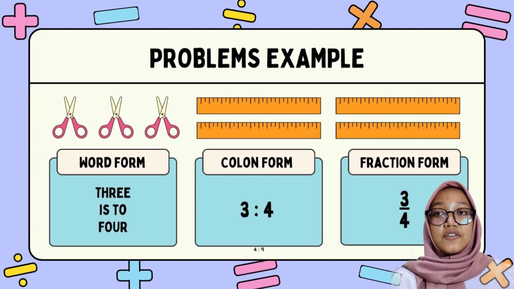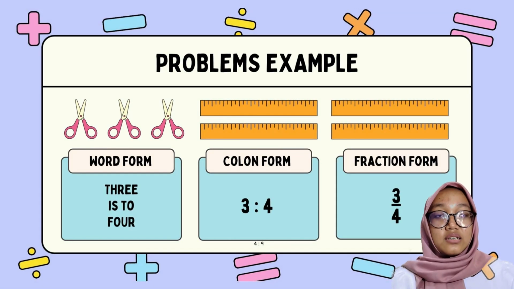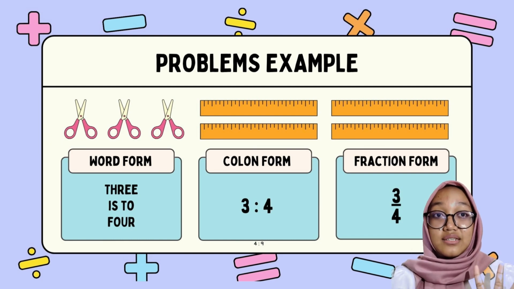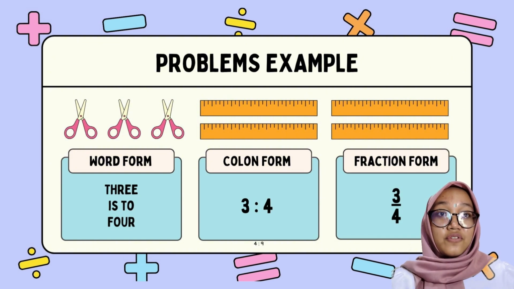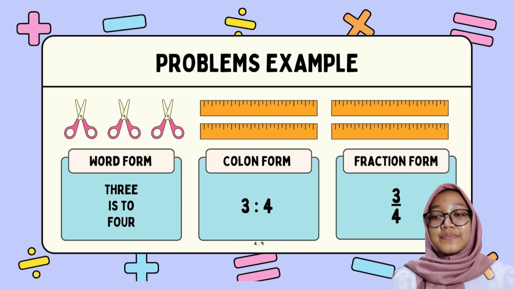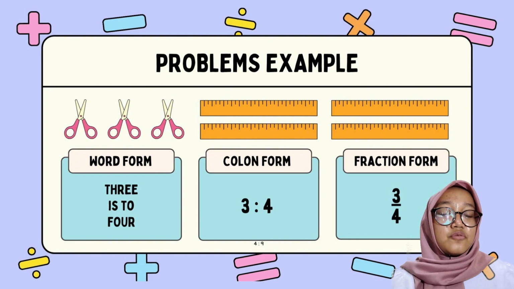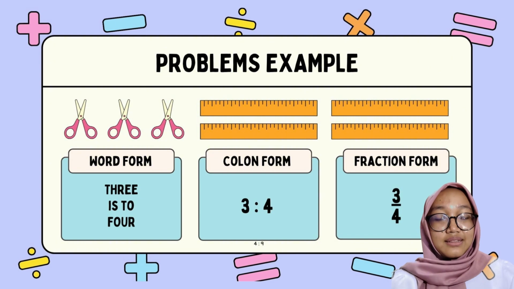Next, I have a problem example for ratio. In the picture, I need 3 scissors and 4 rules. So, we will write it in the 3 ways of writing a ratio from the previous slide. The first is word form. In word form, we write the ratio with words, so we just write 3:4 in alphabet.